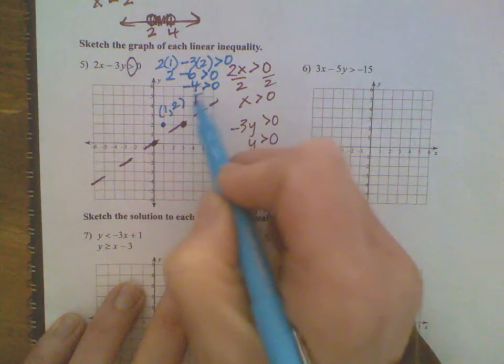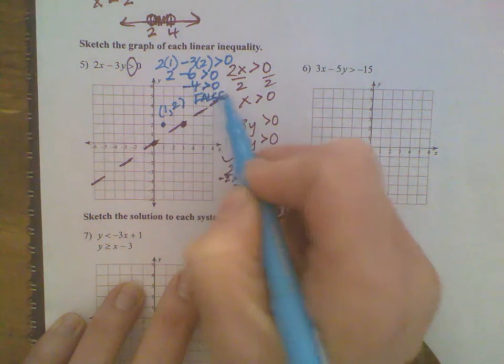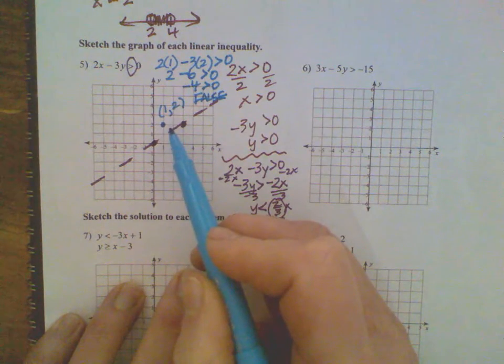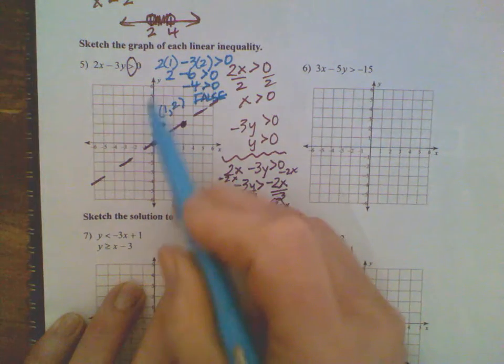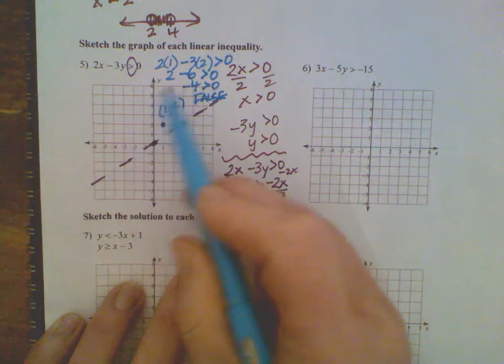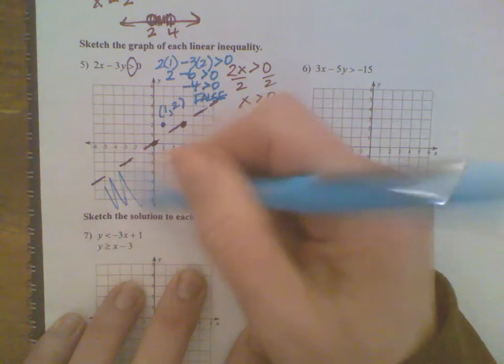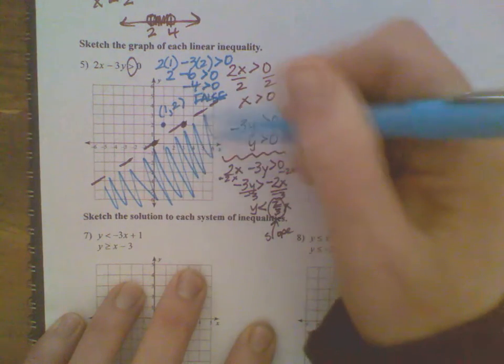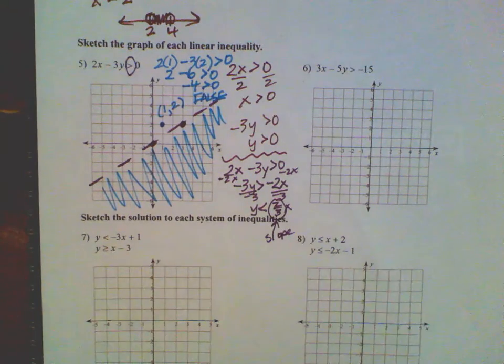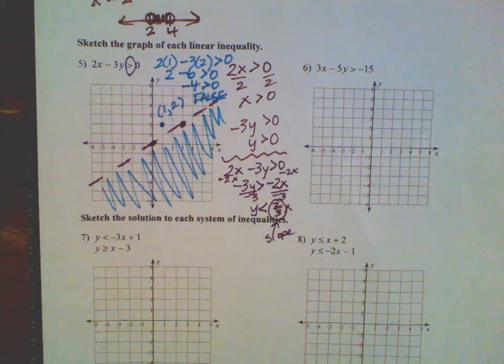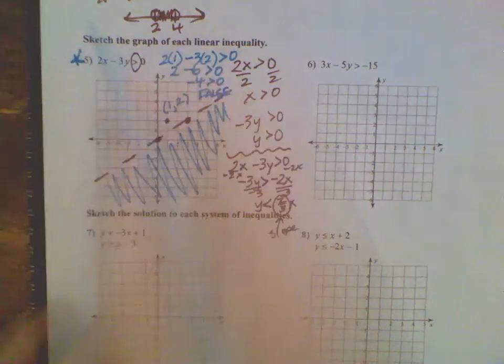That is false. Because that is false, that means that my shading will not go in the region where the 1, 2 is. That means that 1, 2 is not included in my solution, so my shading has to go down below. Okay, so I just wanted to show you this one because it was sort of a pesky one.